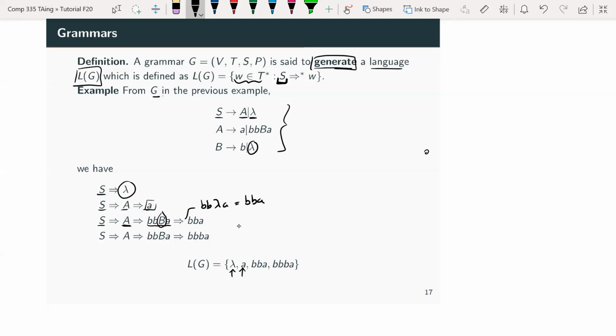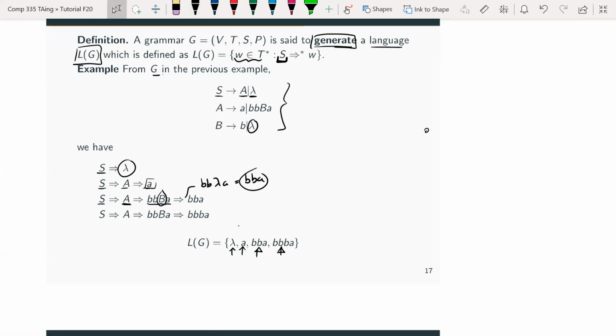So it's a string of terminals. So this string is also generated by G. That's why it's in here. And as we saw before, B cube A can also be generated by G. I'm not going to go through it because we just saw it. So that's essentially the high level idea of grammars. They allow you to generate strings, and in general, they generate languages.